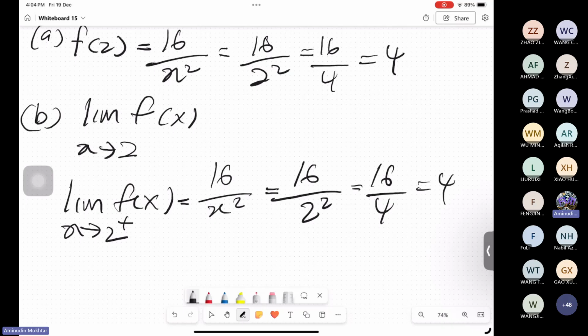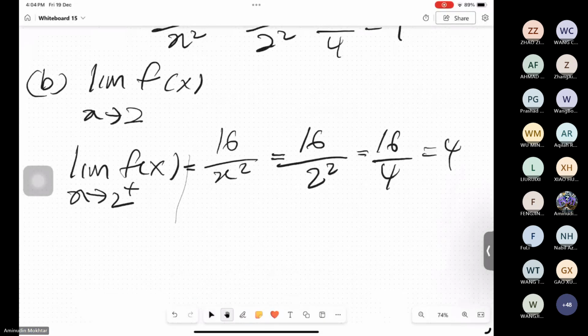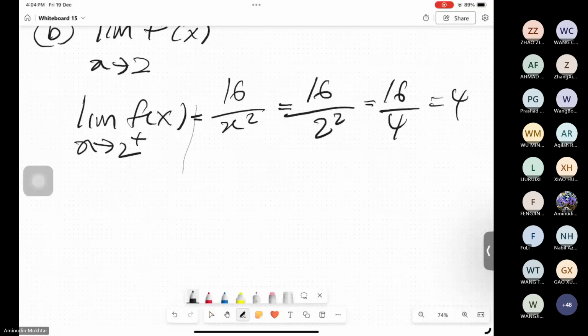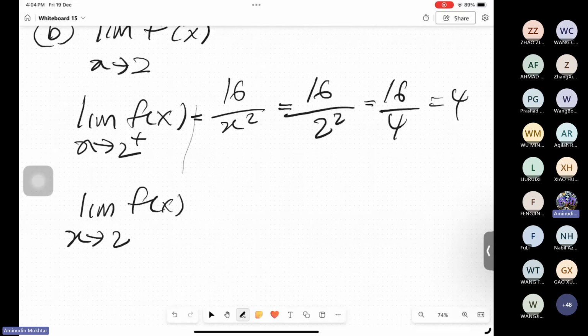So the right hand limit exists. Now we need to find the left hand limit: the limit of f(x) when x approaches 2 from the left.